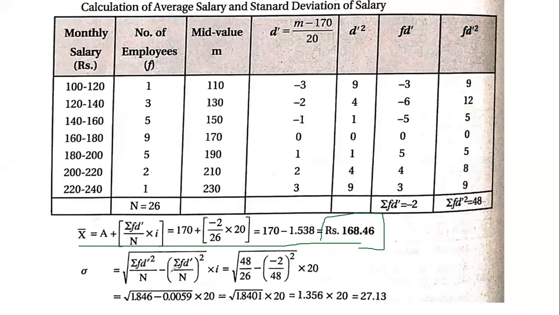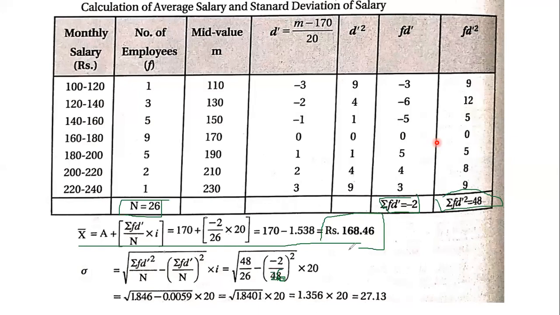Next, just put the standard deviation formula, that is sigma is equal to the square root of sigma FD dash square by n minus sigma FD dash by n whole square, into 20. We have the three major numbers required, and we are going to apply them to find the standard deviation. That will be square root of 48 by 26 minus minus 2 by 26 whole square, into 20.